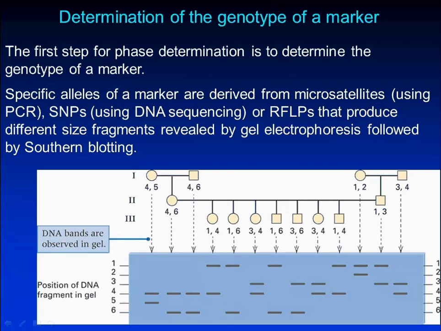For example, this woman has the 4th and 5th bands. Therefore, she has allele 4 and allele 5. It is important that students are very familiar with determining the genotype of a marker in a pedigree, as exemplified here, for USMLE.